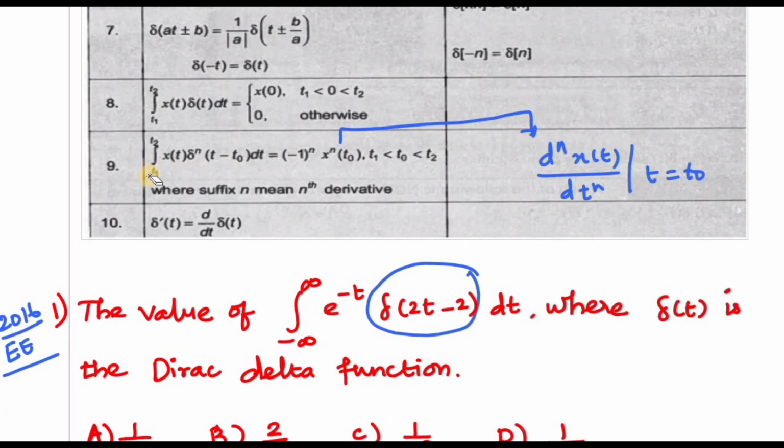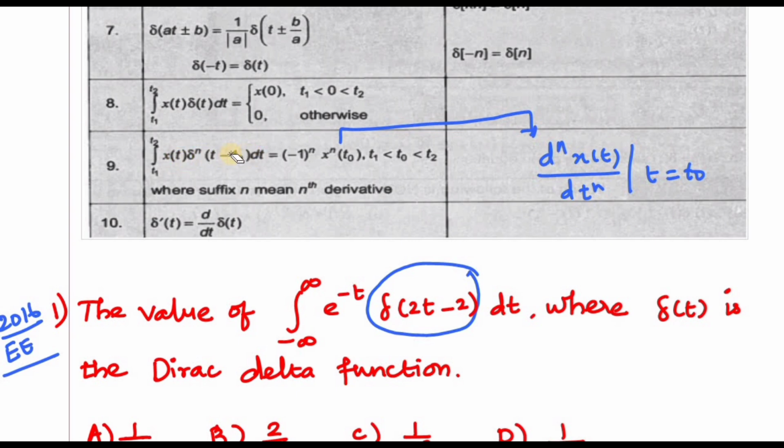Ninth property is the integration from t1 to t2 of x of t del power n of t minus t naught dt. So this n is nothing but the nth derivative, that is you can write it as minus 1 power n into, so here you have to substitute t as t naught, so it becomes x power n of t naught.